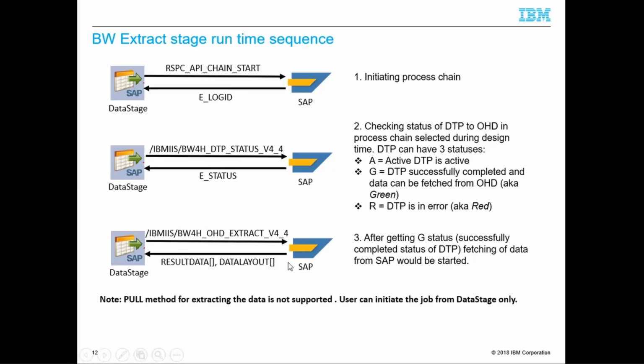But since, as you know, there is no concept of BAPI source system and Open Hub destination as well, I mean to third-party applications, that particular functionality is no more applicable for BW for HANA. In BW for HANA, you can only extract the data by running the job at the DataStage side, not at the SAP BW server side. This marks the end of the few slides which we have prepared for this particular session.